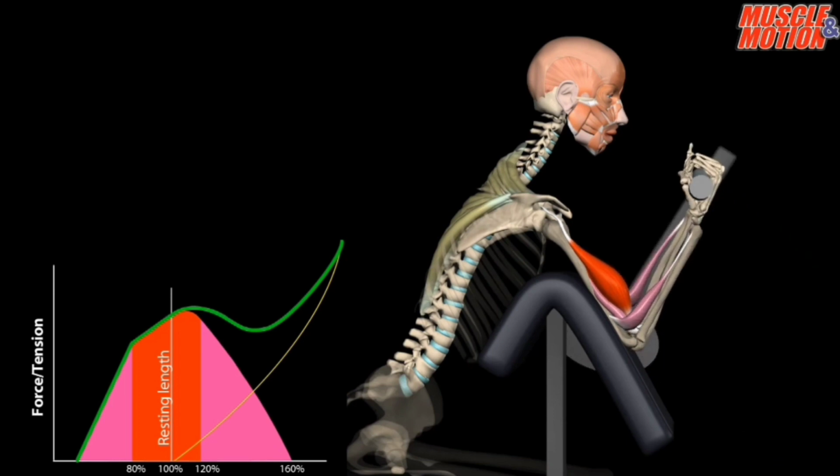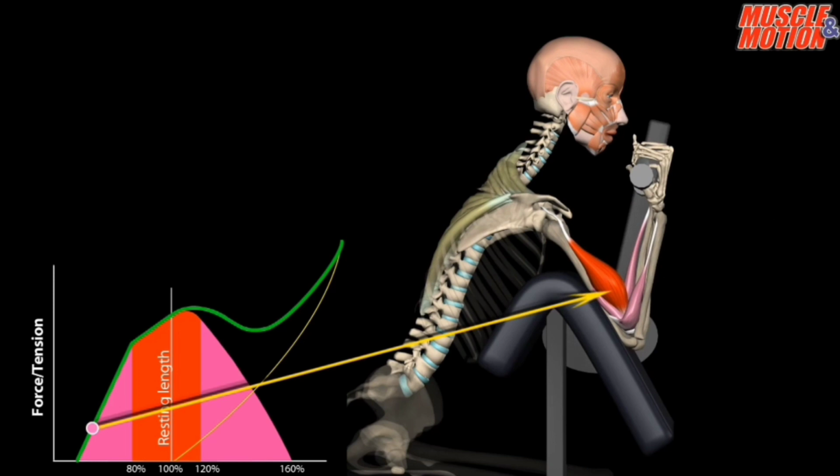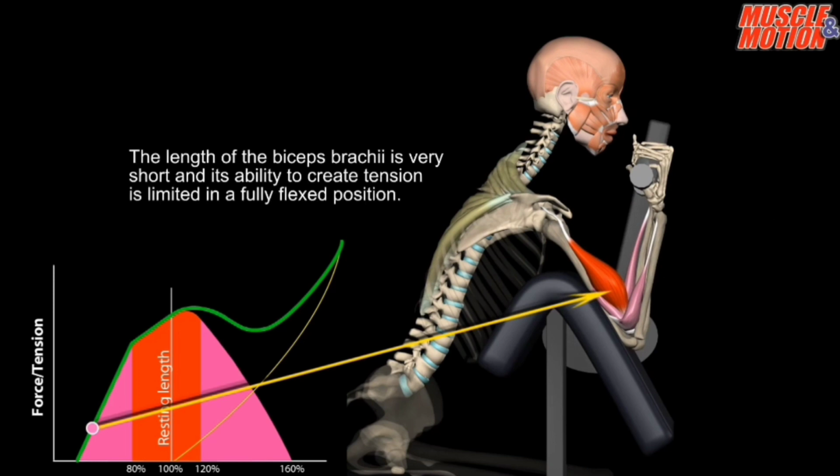The reason these are great examples is that with the preacher curl, having the shoulder flexed or your upper arm raised causes the bicep insertion to get closer to the bicep's origin and results in the bicep becoming disadvantaged by being overshortened. This insufficiency results in bicep weakness because the muscle fibers do not have sufficient length for optimal strength potential.